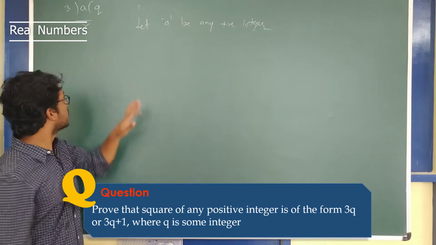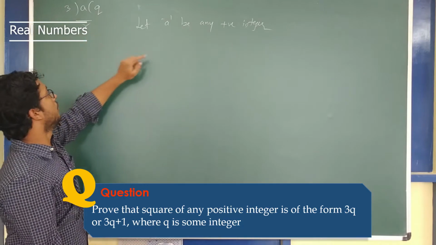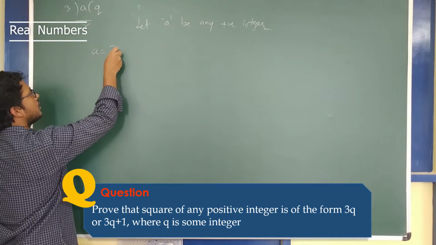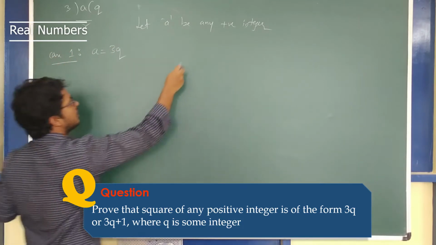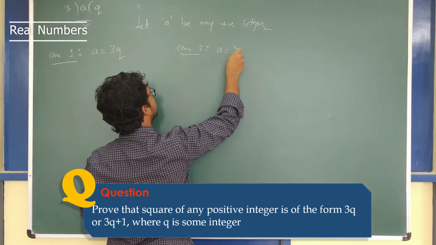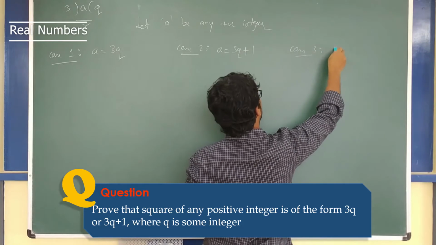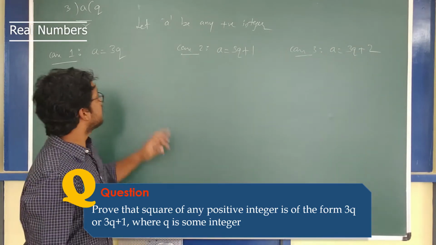So any integer, which means r can take all the values 0, 1 or 2. So now a can be either 3q, this is our case 1. Case 2 will be 3q plus 1, case 3 will be 3q plus 2. So here we have 3 cases.